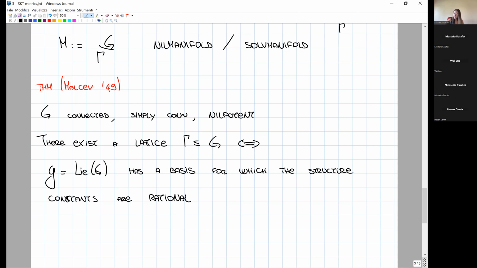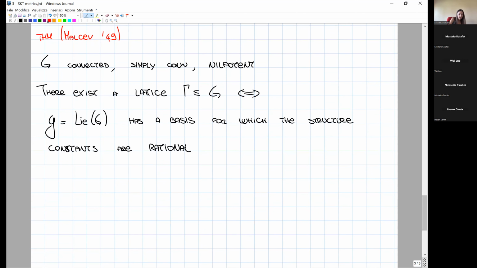In the solvable case, we don't have any characterization for the existence of lattices. In the more general case of solvable Lie groups, we don't have anything similar, but still we have some necessary conditions. Let me just recall this proposition due to Milnor in '76.